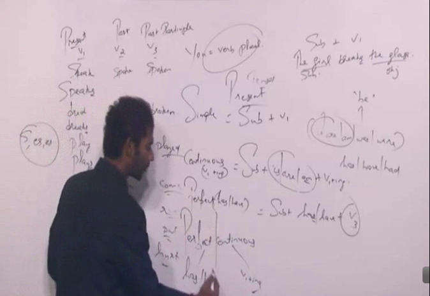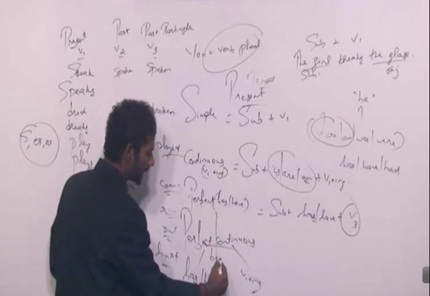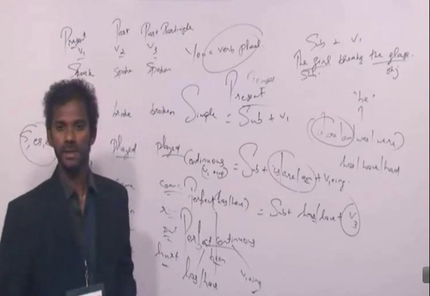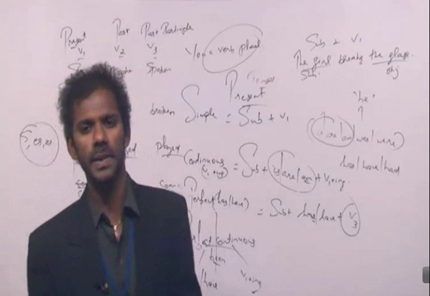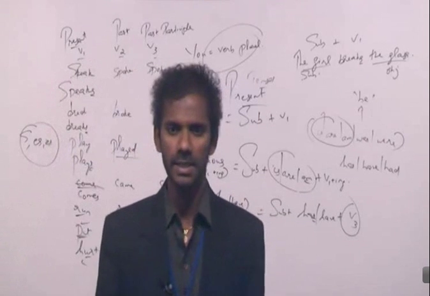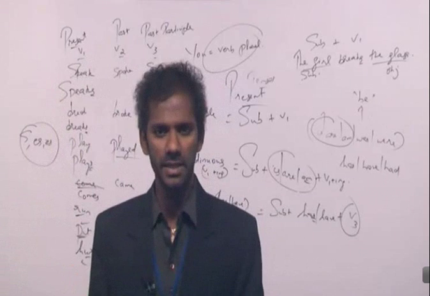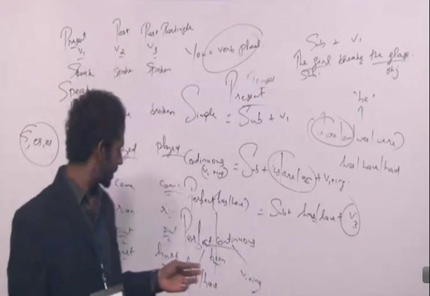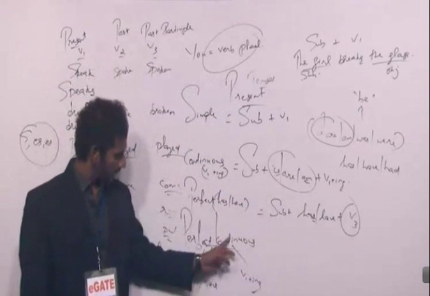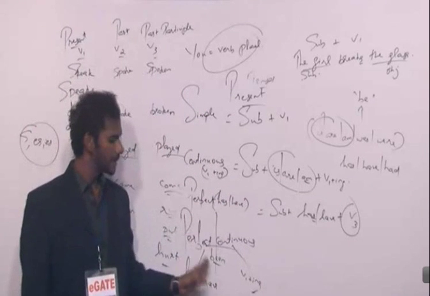In between perfect and continuous, B-E-E-N, bin comes. It's not pronounced as been, in fact, it's pronounced as bin, like dustbin. So in present perfect continuous, has or have must come, V1 plus ing must come, and in between, bin must come.